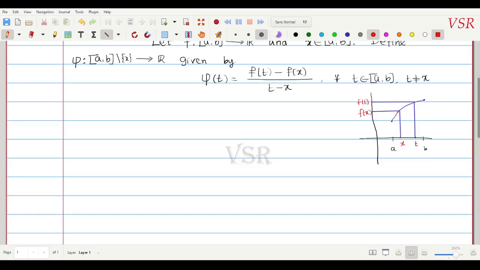This is the distance, the length from this point to this point. So this distance is f of t minus f of x. And this one is t minus x.